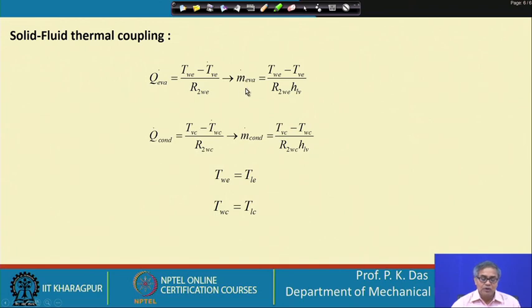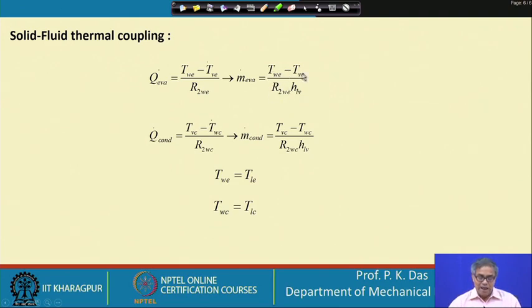That will give you the mass flow rate, from this equation by this particular formula, where H LV is the latent heat of vaporization. This resistance we have to calculate.